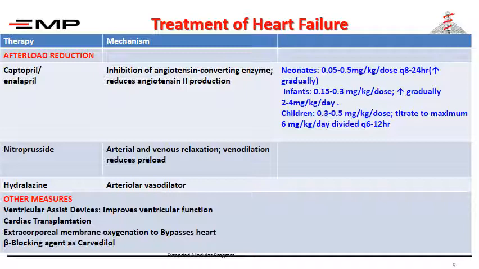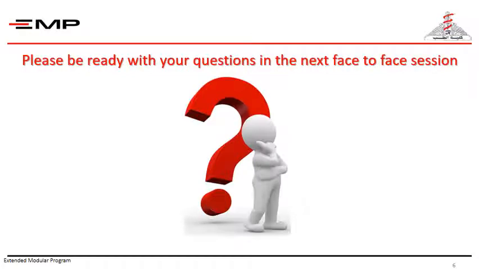Extracorporeal membrane oxygenation is used to bypass the heart and improve the functions after surgery, and then the patient is returned to the normal cardiac circulation. Beta blocking agents like carvedilol can also be added, and they are frequently added in the treatment of heart failure, and they actually do give good results in some of the cases.